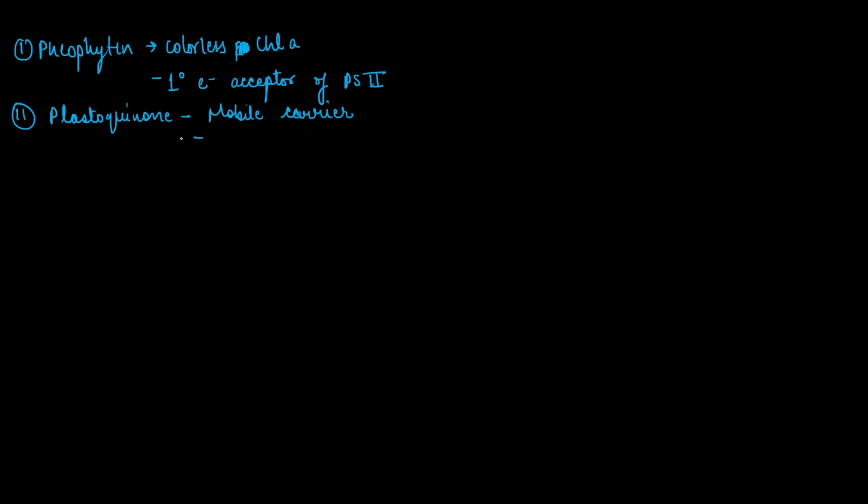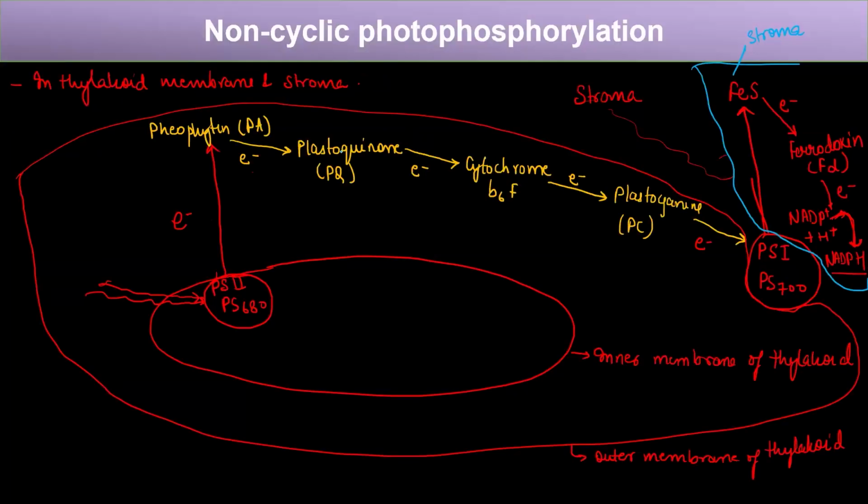And the important point about the plastoquinone is what? It acts as a hydrogen ion pump. This plastoquinone is present in the membrane, right? So all this is happening in the membrane. So the hydrogen ion that is present in the stroma, it will pump across to the lumen.